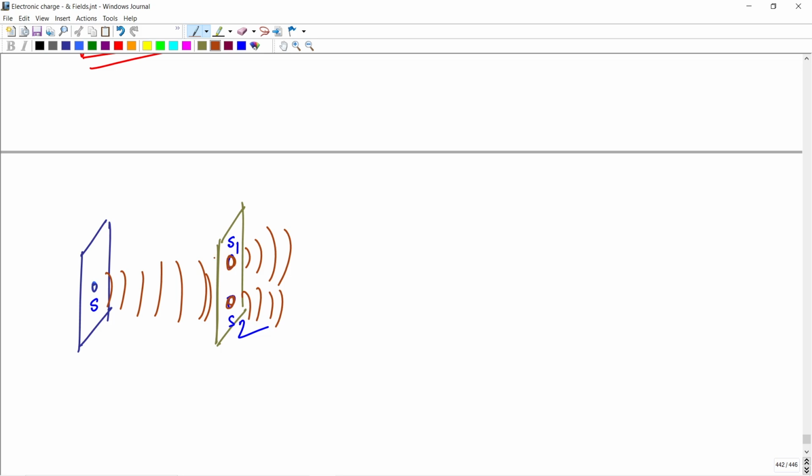These S1 and S2 pinholes create secondary sources. The one sodium light produces two pinholes, and the waves out from these two pinholes are in the same phase.